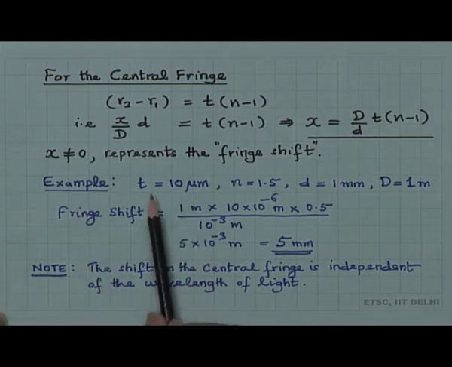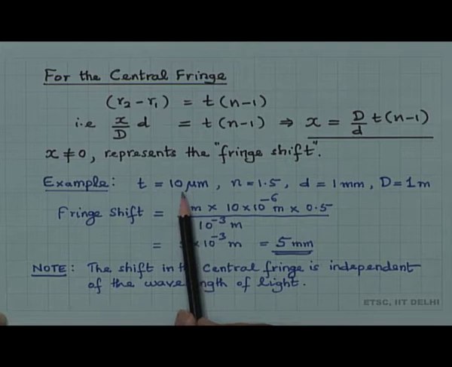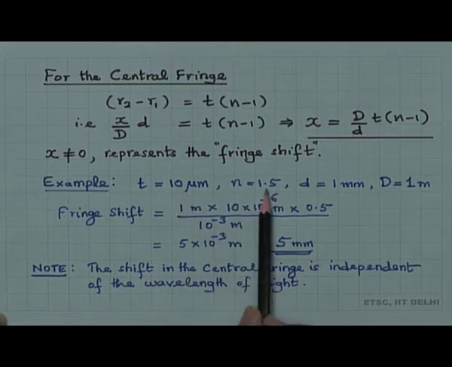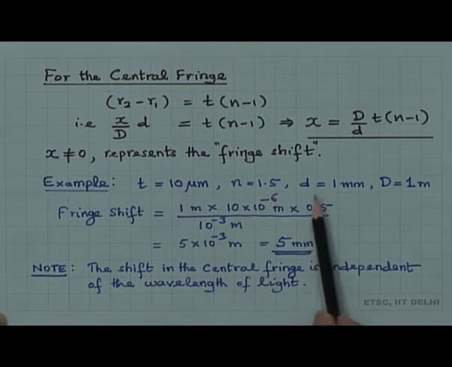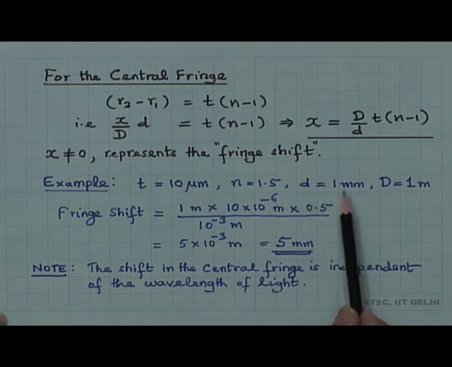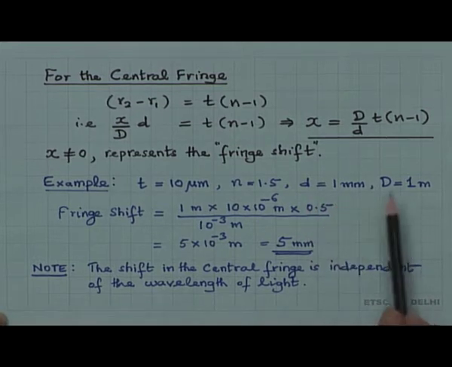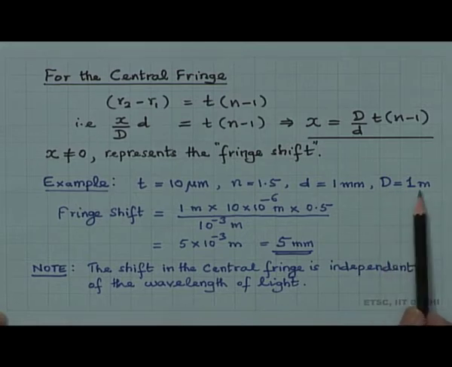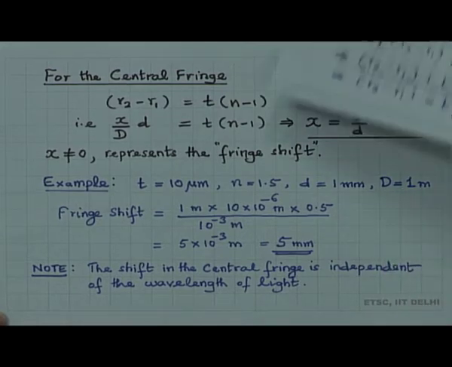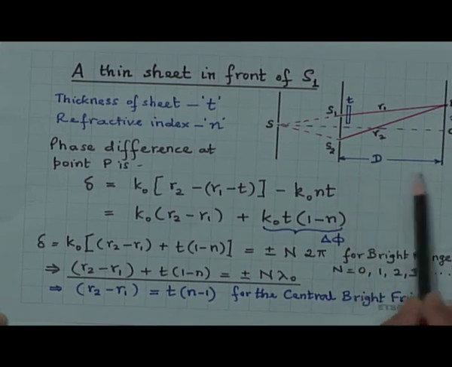In this example, t is equal to 10 micrometer, the refractive index is 1.5, and d, the separation between S1 and S2, the two sources, is 1 millimeter, the typical number we had taken in the last lecture. D is equal to 1 meter, that is, the screen is at a distance of 1 meter.